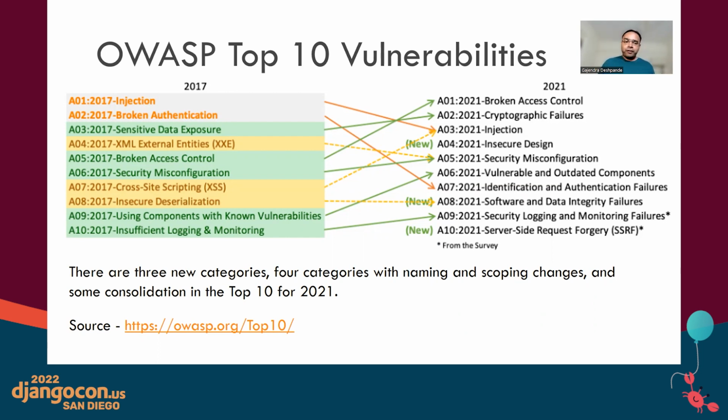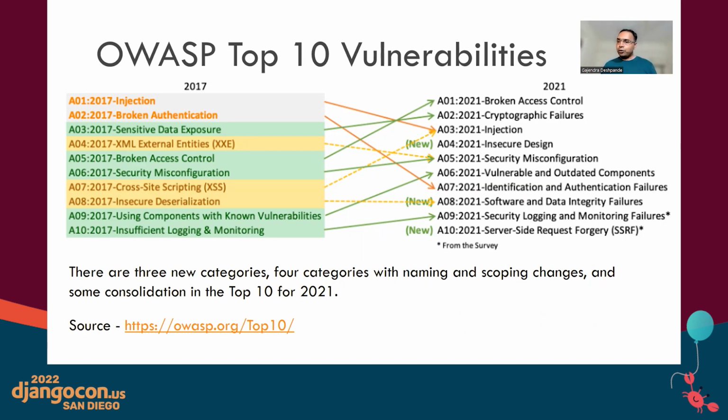One more important factor with respect to OWASP top 10 vulnerabilities is that the ranking of these vulnerabilities keeps on changing every year. You can see here that in 2017, injection was ranked first, but in 2021, it is ranked third. In 2021, a few vulnerability categories have been clubbed into other categories, and the ranking of a few vulnerabilities has changed.